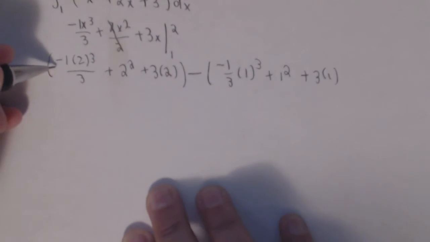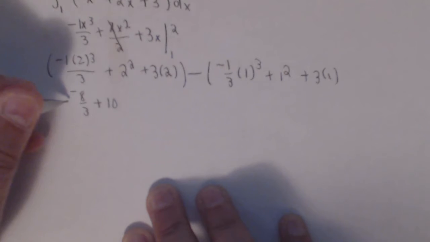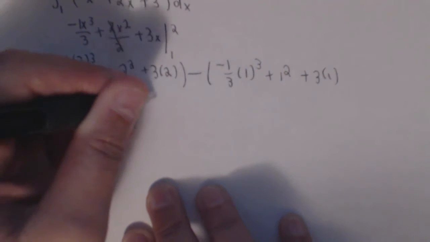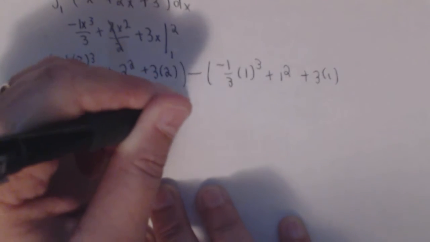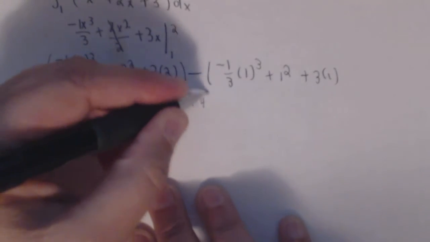So then we'd have negative 8/3 plus 4 plus 6, which is 10, minus negative 1/3 plus 1 plus 3, which is 4.